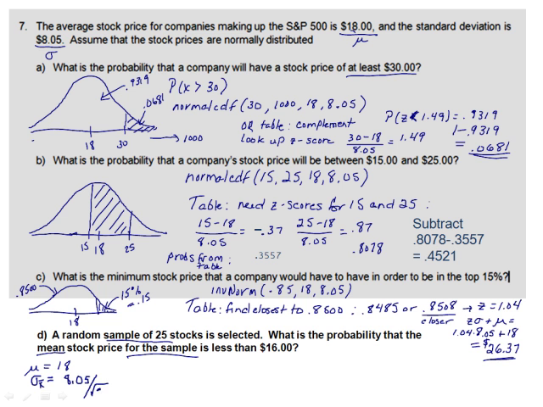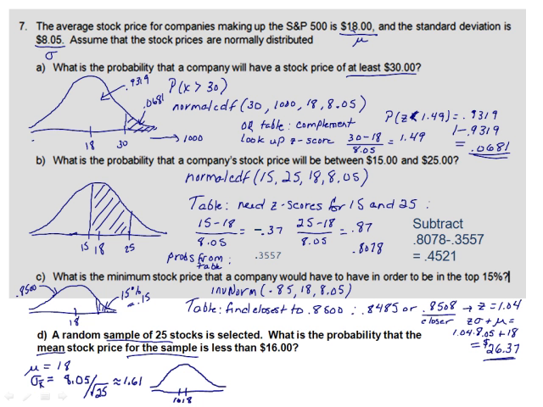We're dividing it by the square root of 25, and that's going to give us 1.61 approximately for our new standard deviation. We're still looking at a normal distribution. We still have the same mean as we did before, but when we do our calculations, we're going to use that new standard deviation instead of the 8.05.